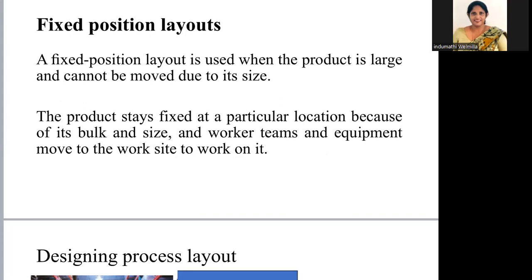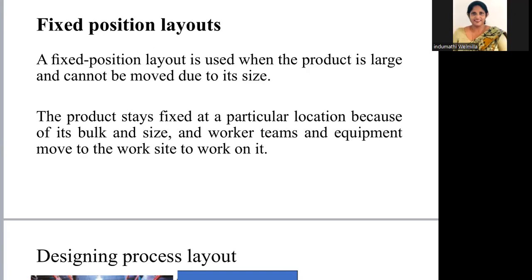In this kind of layout, the product may be visualized as the hub of a wheel with materials and equipment arranged concentrically around it in the order of use and movement. The equipment that is used frequently is positioned closer to the product. Materials are arranged according to their technological priority.